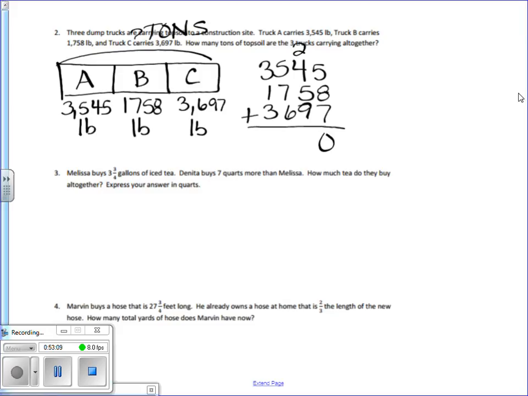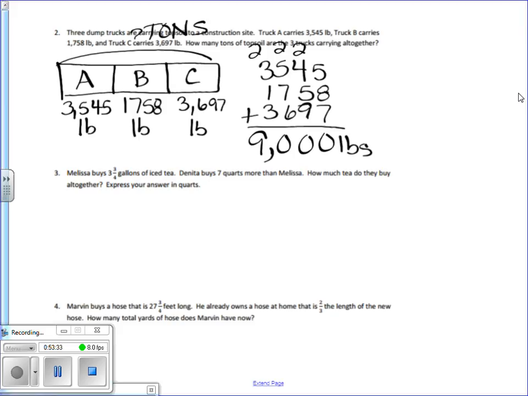So this is 6, this is 11, this is 20. This is 7, this is 14, this is 20. This is 5, this is 6, this is 9. So it's 9,000 pounds.